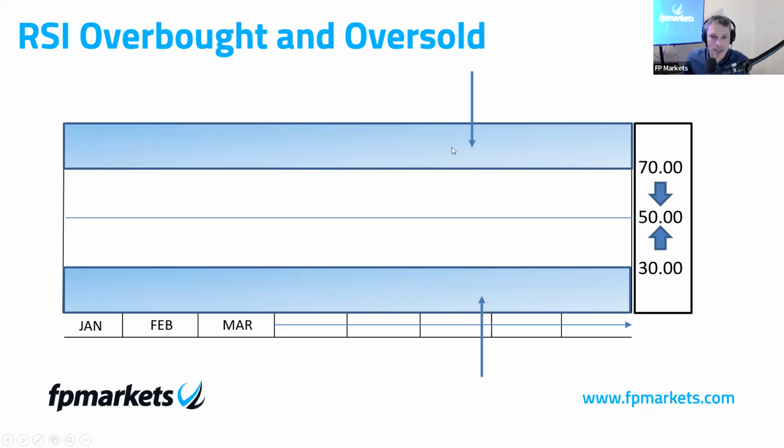So the key point to note is, within a trending environment, the RSI can remain within overbought and oversold for a prolonged period, potentially causing a number of false signals. Many traders will be looking to short the market when the RSI value enters overbought, for example, and if it remains within this area, it could, of course, be problematic. So how do we as traders combat this?